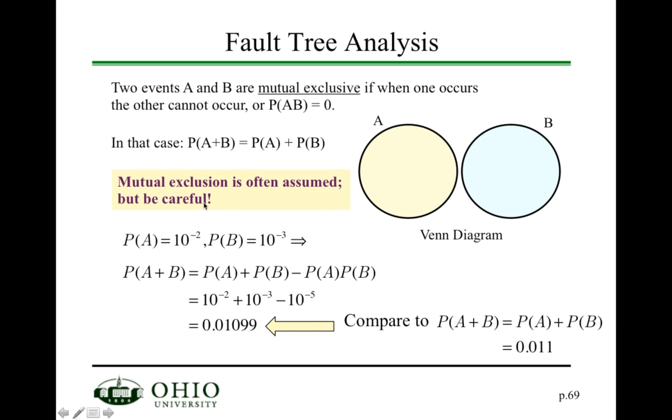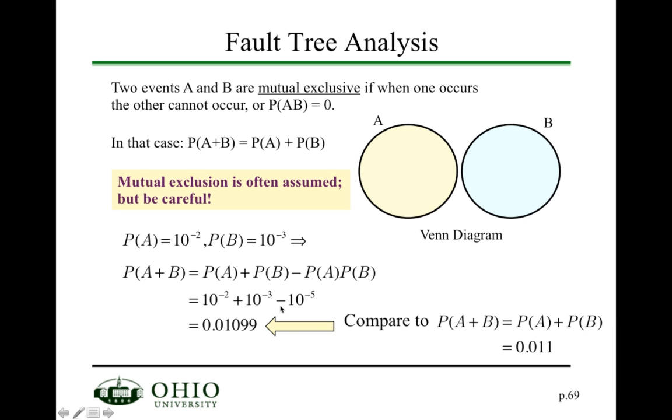Let's take a little example. Suppose the probability that A happens is 10 to the minus 2, and the probability that B happens is 10 to the minus 3. So the probability that A or B happened is 10 to the minus 2 plus 10 to the minus 3 minus 10 to the minus 2 times 10 to the minus 3, which is 10 to the minus 5.